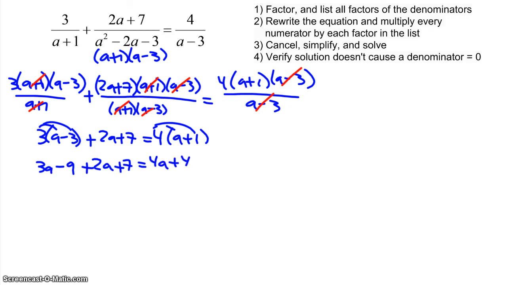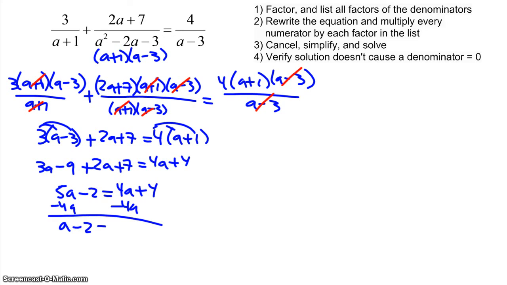Gathering, let's see, we've got 5a minus 2 on this side, and you have 4a plus 4. Let me subtract the 4a's. We get a minus 2 equals 4, adding 2, so a equals 6.